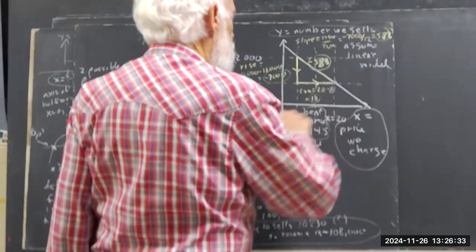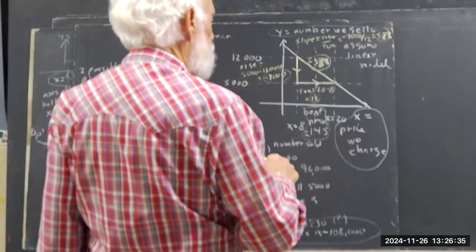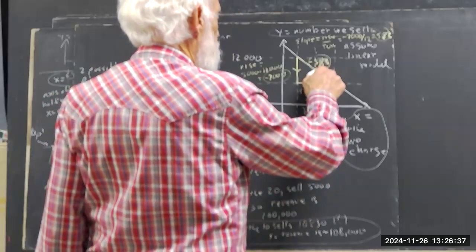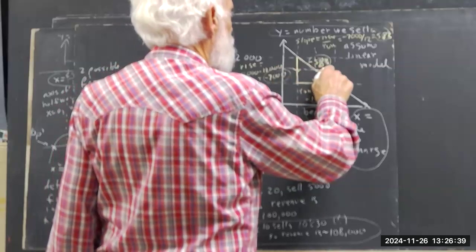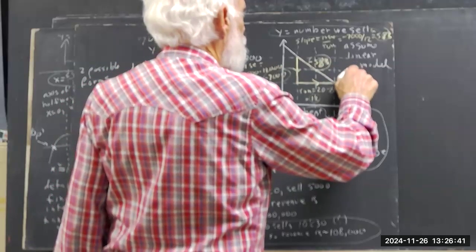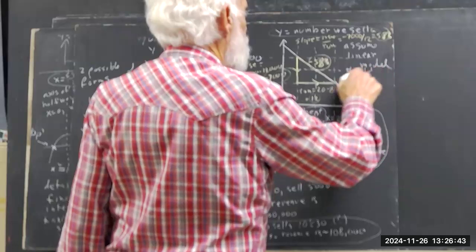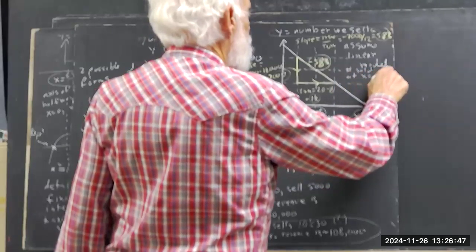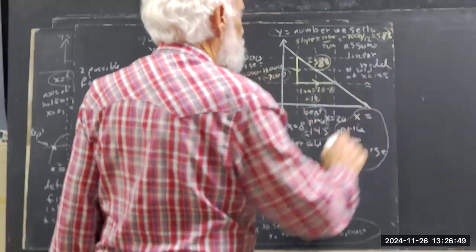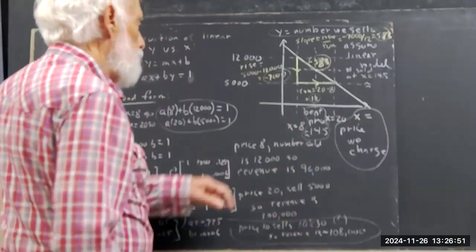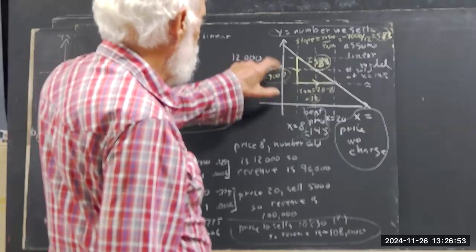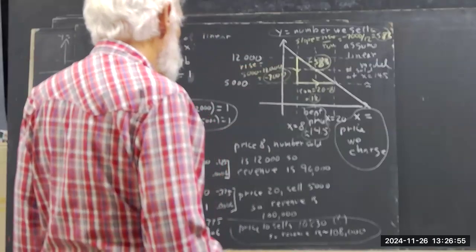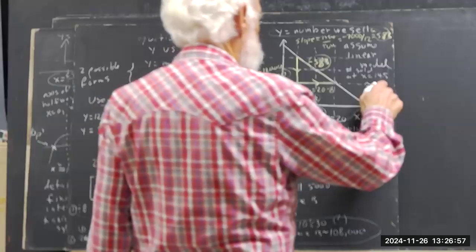Best price is approximately 14.5. The number we sell is approximately equal to, well, here's 5,000, here's 12,000. Looks pretty much halfway. Halfway would be 8,500.